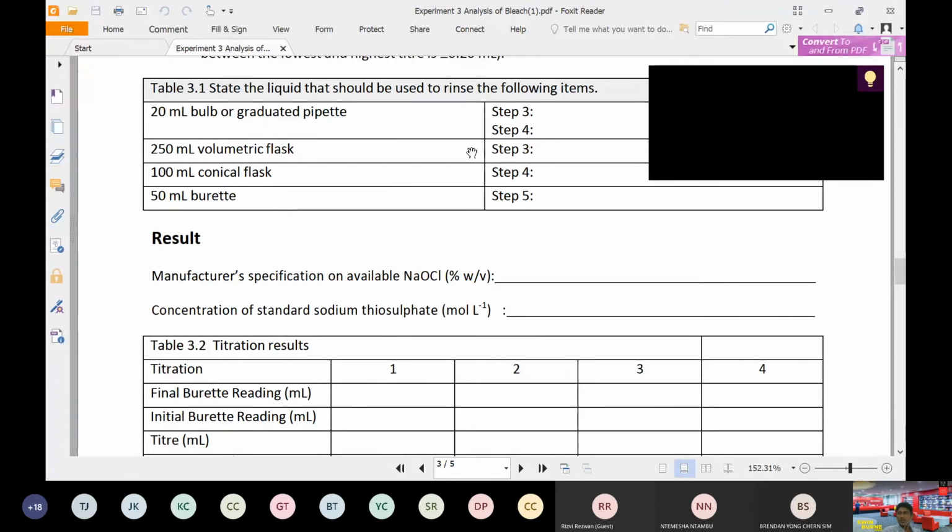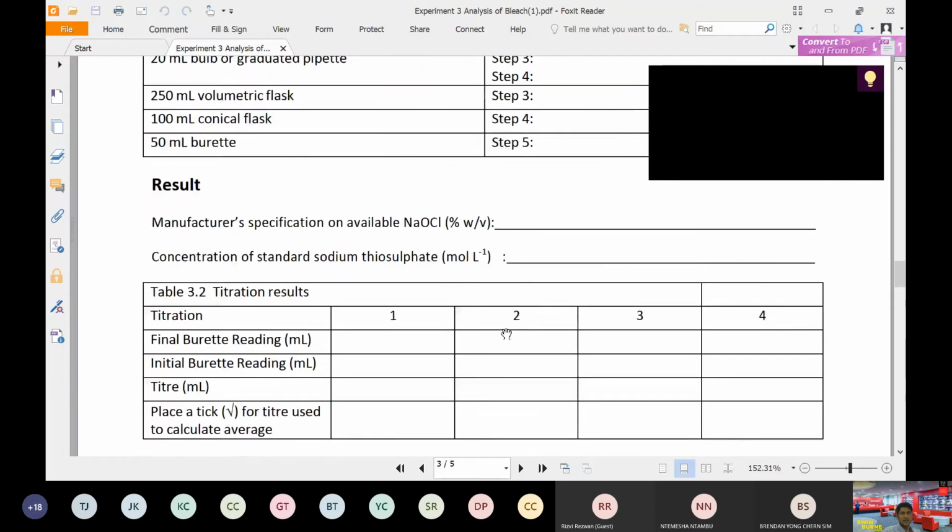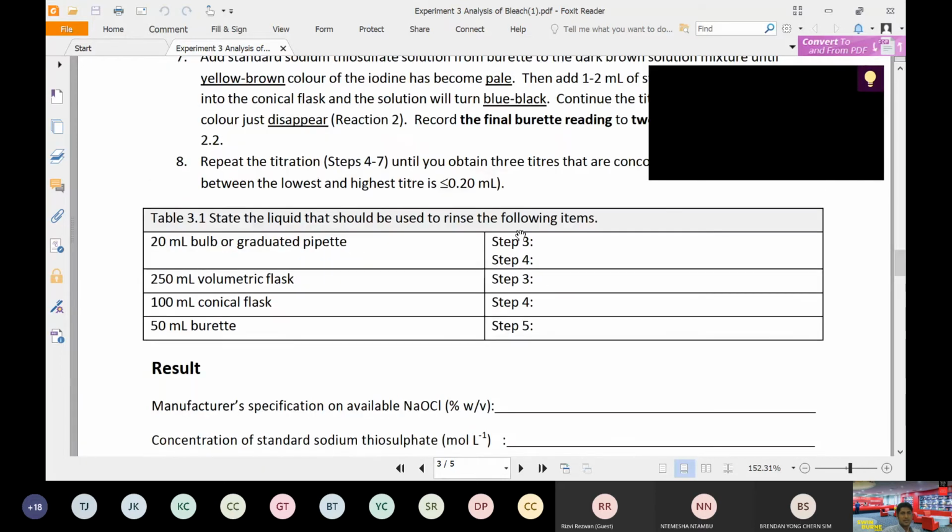Just like previously, you will be given all the data: sodium hypochlorite, the bleach, concentration of the bleach, and concentration of standard sodium thiosulfate. All those things will be given to you. And this time, please remember to fill up step 3, step 4, step 5.